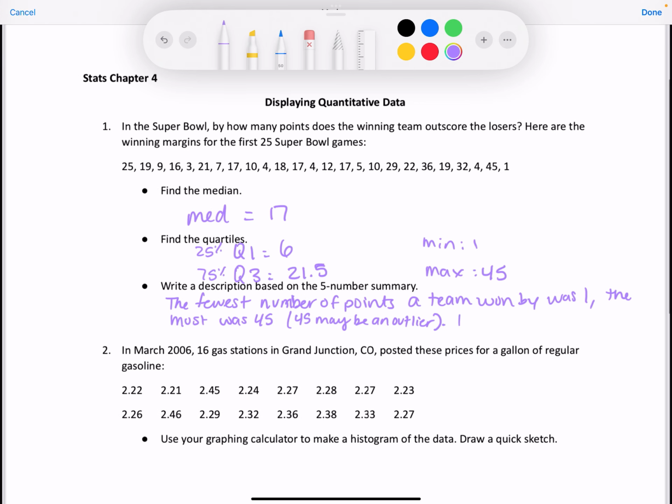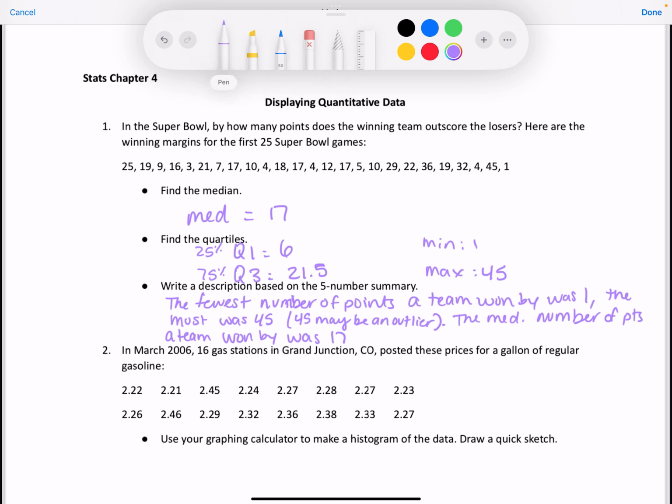The median number of points our team won by was 17.